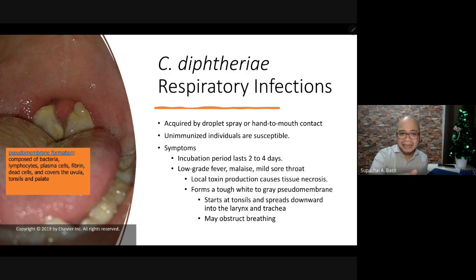At the start, the person will have a low-grade fever characterized by malaise and mild sore throat. Local toxin production will cause tissue necrosis, starting at the tonsil and spreading downwards into the larynx and trachea. This is dangerous because the presence of a pseudomembrane will obstruct proper breathing.